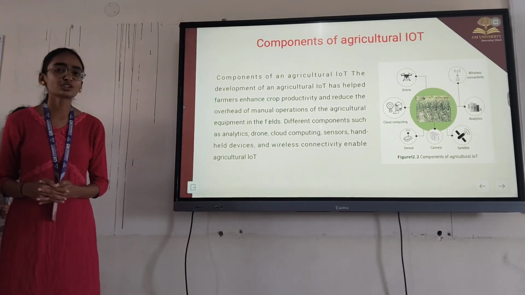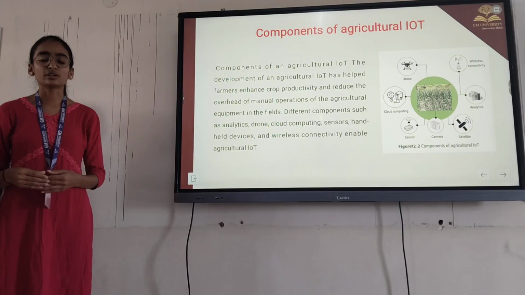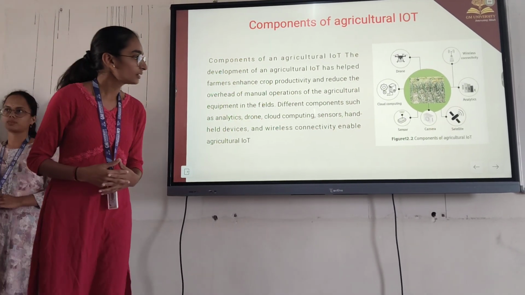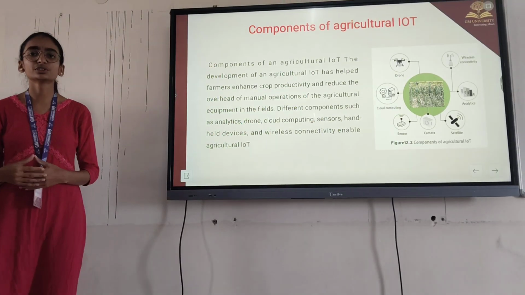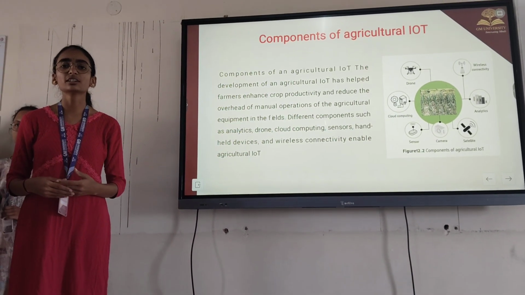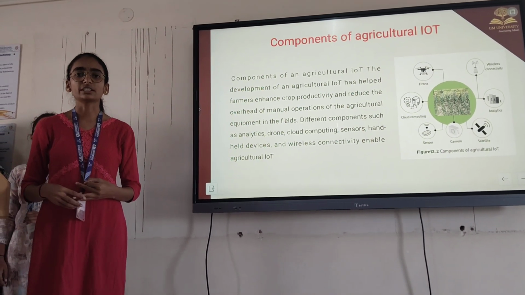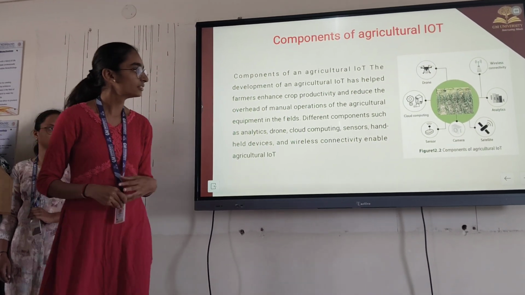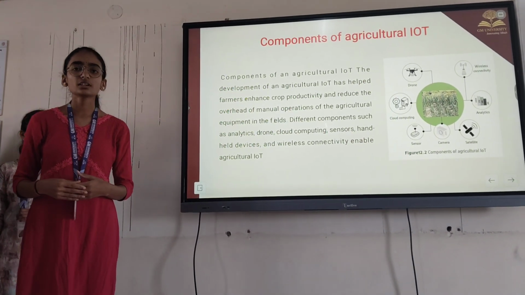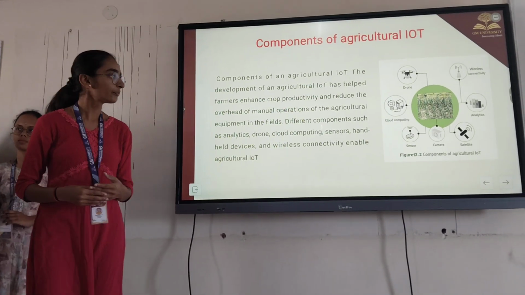Cloud computing stores data for use by the farmers. Sensors are used in the field for monitoring the soil, pH, and water conditions. Cameras are used for images of crop health conditions and diseases.